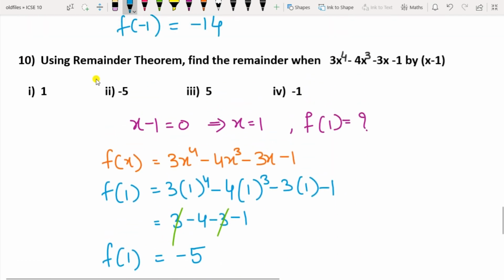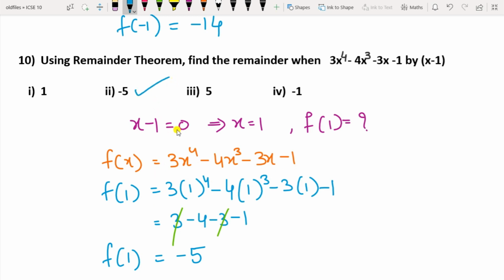Question 10 is, using remainder theorem, find the remainder when this polynomial is divided by x minus 1. So x minus 1 equal to 0, so x equal to 1. So f(1) is the remainder here. Substitute x equal to 1 in the given equation, and you get the remainder f(1) as minus 5. So minus 5 is the remainder here.